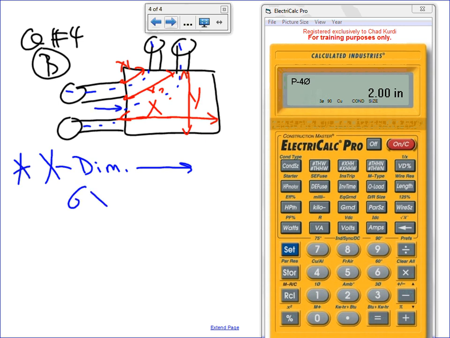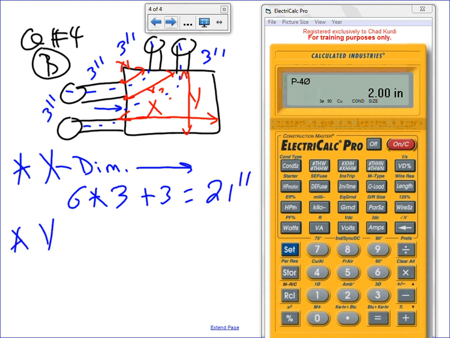So 6 times what are the conduits? All my conduits are 3 inches. So 6 times 3 plus 3, 18, 21. 21 inches. Done.